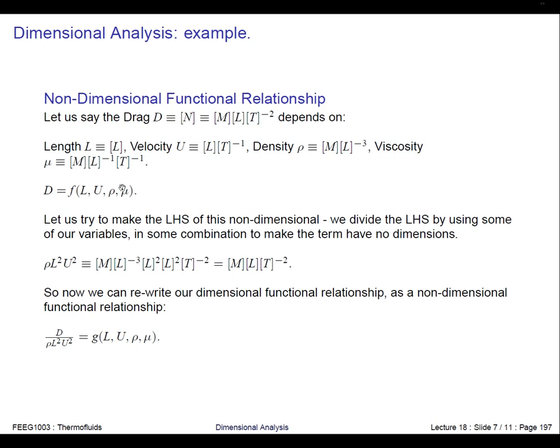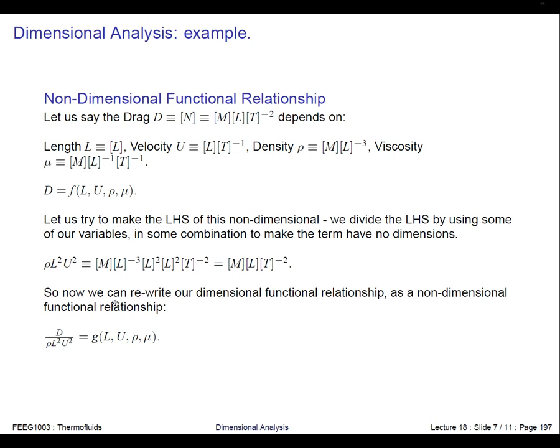Okay, and so the first thing I do is I take some of these variables that I know drag depends on, and I combine them in a clever way such that the dimensions of my selected variables match up with my dimensions for drag, which is this thing up here.